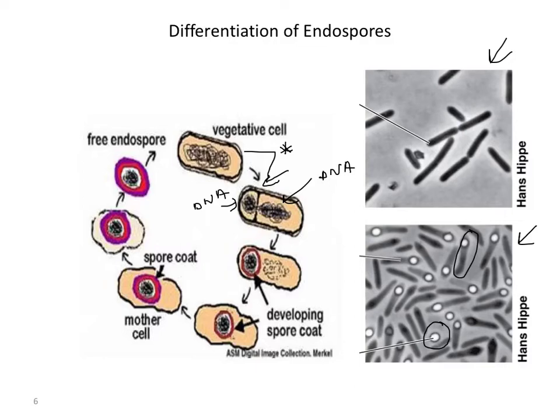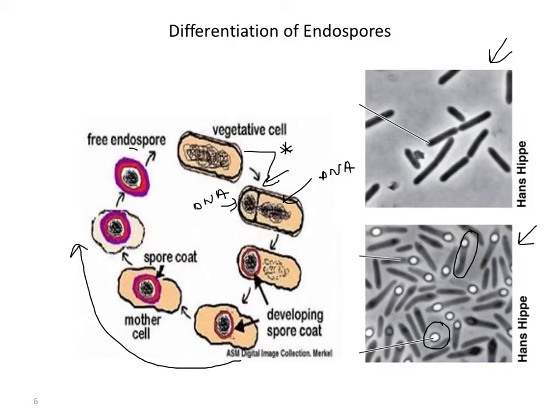Next, however, the cell essentially walls off one of the chromosomes and begins synthesizing the cortex and exosporium, as well as altering the chemistry of the core by synthesizing small acid-soluble proteins, dipicolinic acid, and by dehydrating the cytoplasm. Meanwhile, the vegetative cell, which is fostering and growing this endospore, is degrading around the endospore so that by the time the endospore is complete, the vegetative cell no longer exists. You can see that happening as you go around this portion of the cartoon.